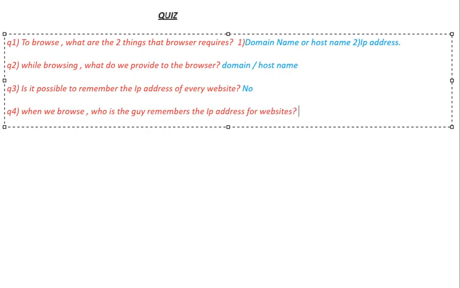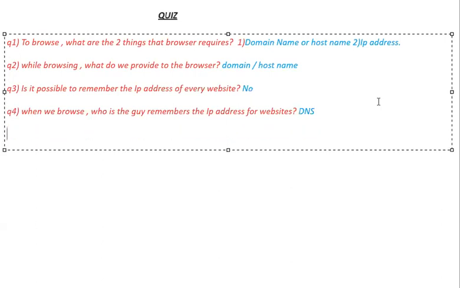Who is the guy that remembers the IP addresses when we are browsing? I hope you answered this question. The answer is DNS. DNS remembers the IP addresses of all the websites.